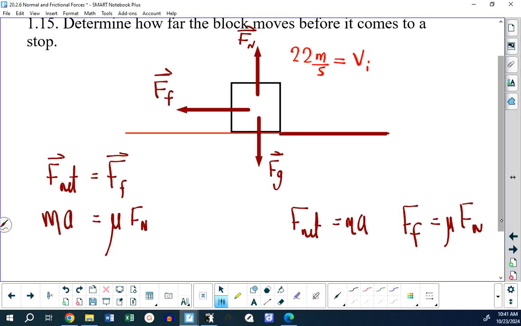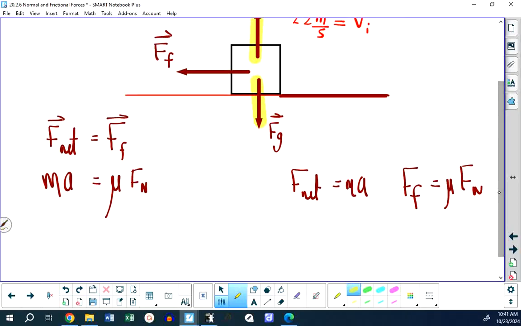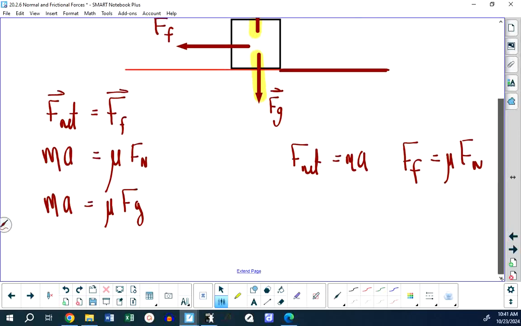But then you have to say, yeah, but these two things are equal in magnitude. So what I can do is I can say ma equals mu times the gravitational force without regard to direction. And then I can say ma equals mu mg.